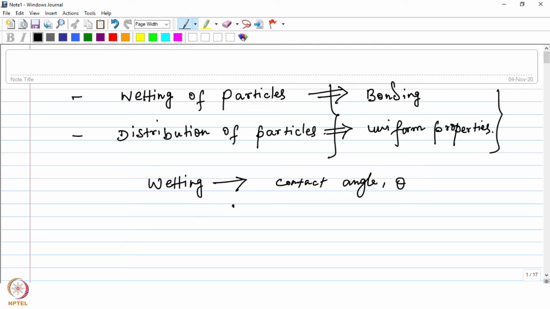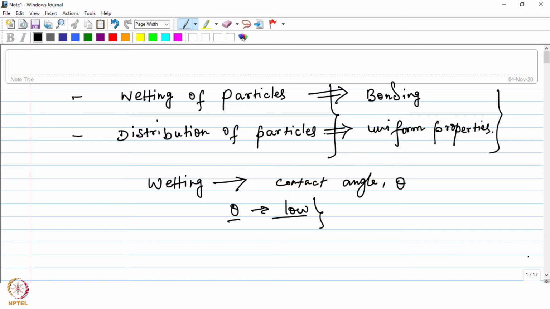You need a low enough contact angle for good wetting to happen. And then only you can expect a good bond to form between the particles and the matrix.